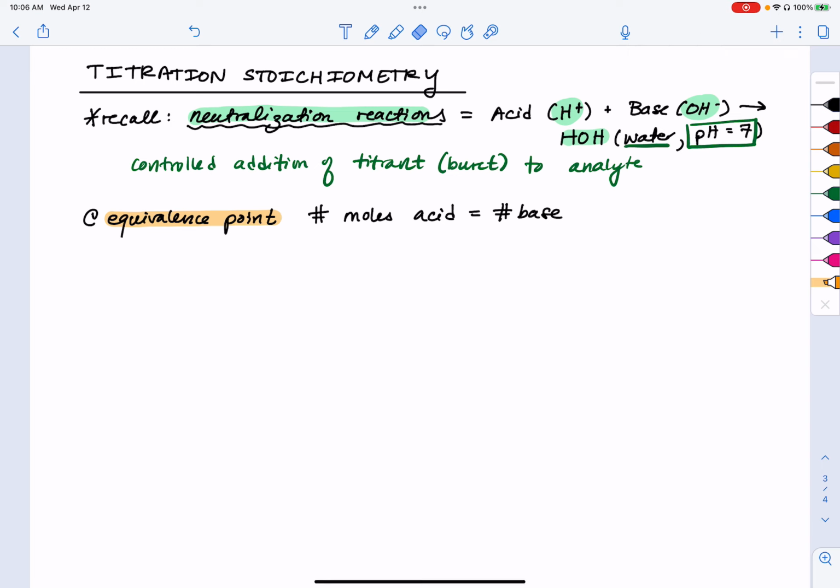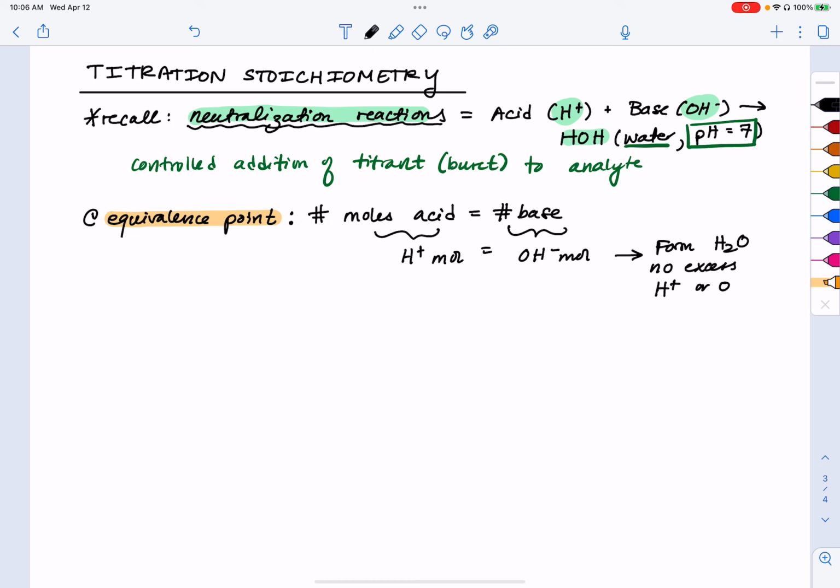And at the equivalence point, when we have exactly the same amount of acid particles, or H plus, that is equal to some amount of base particles, our hydroxide particles, then we see a perfect neutralization and we form H2O, and when we have no excess H plus or OH minus left over. So that is the equivalence point of a titration.